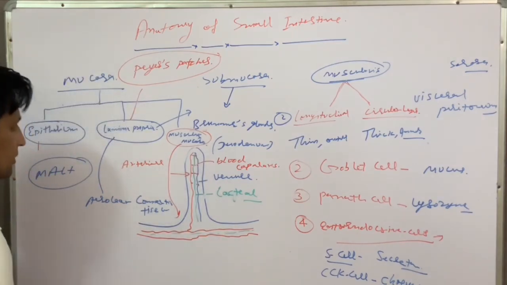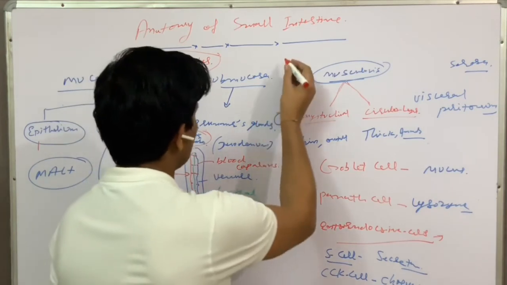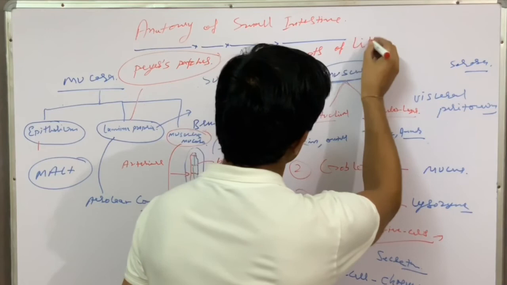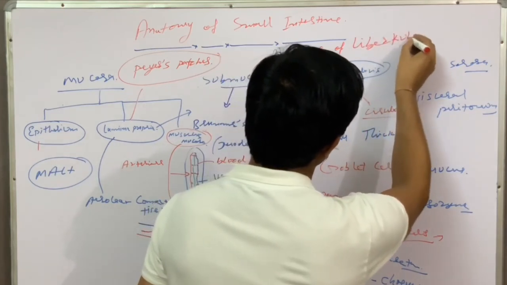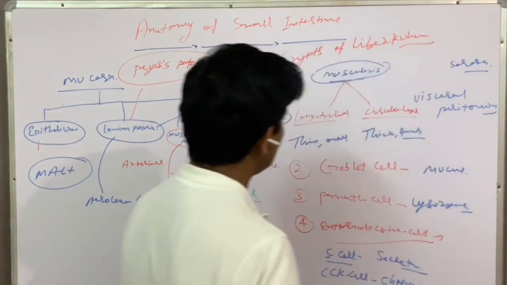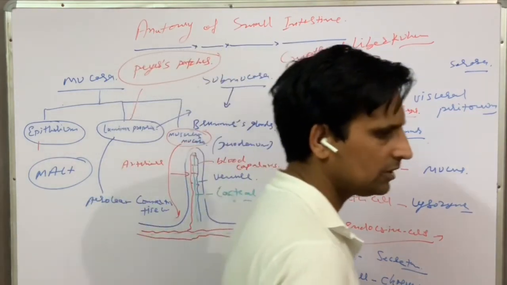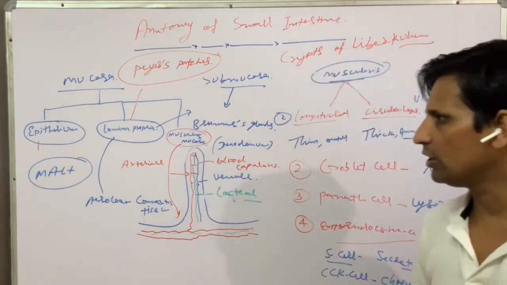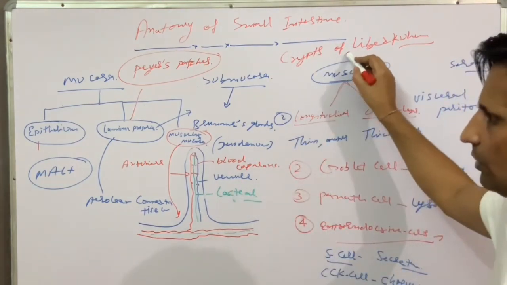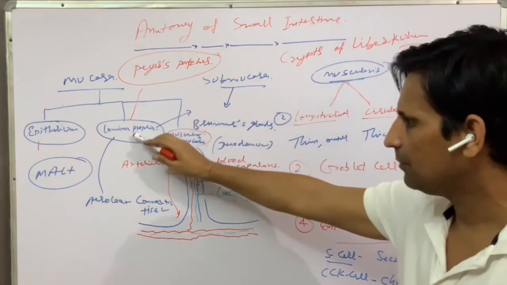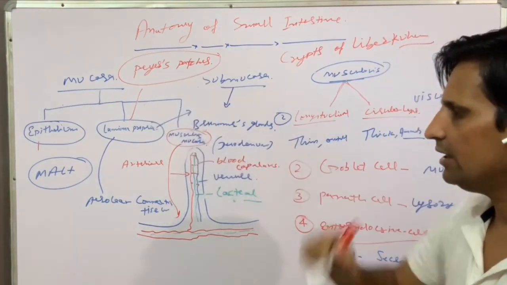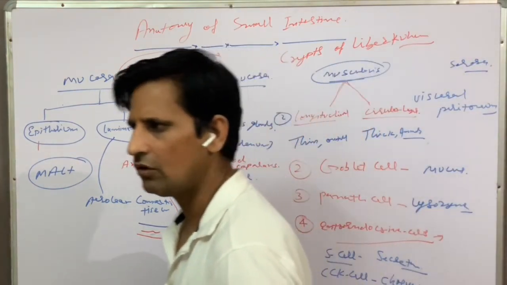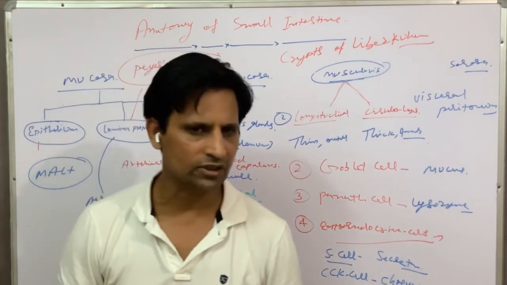This is a special structure. So these crypts of Lieberkühn are the identical structure of the small intestine. There are crypts of Lieberkühn, and there are Peyer's patches in the distal part of the ileum. So this was the main basic structure of the wall of the small intestine.